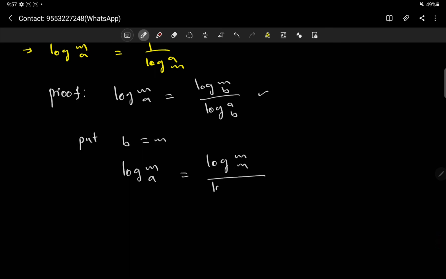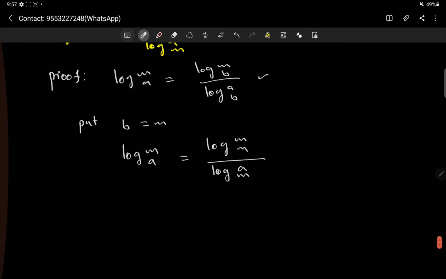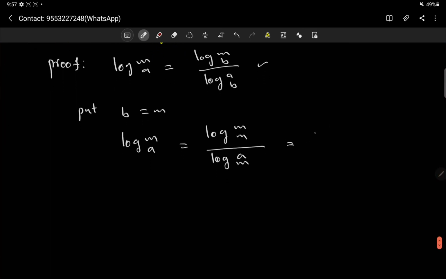So log a, in place of b we are writing m, right? This is equal to log m base m, which is 1, divided by log a base m. So from this, log m base a can be taken as 1 by log a base m. So when we are taking the reciprocal, these two numbers will interchange.